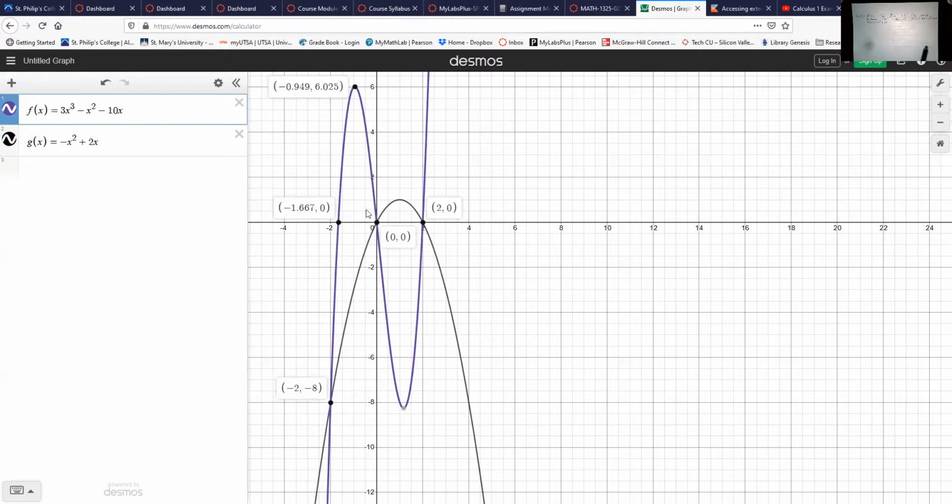So let's do the first integral here. The integral from -2 to 0, right? That's the region I'm looking at.